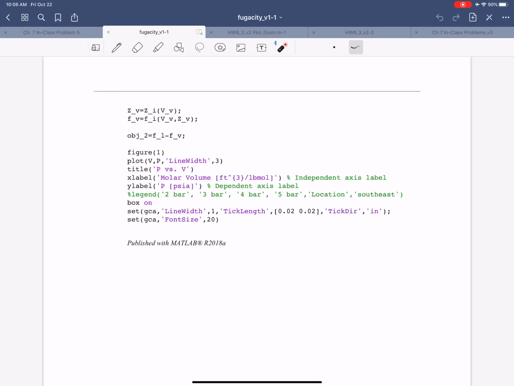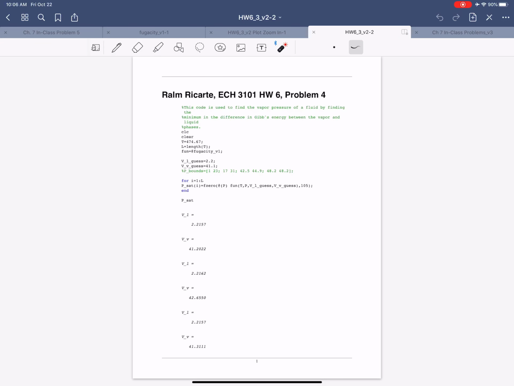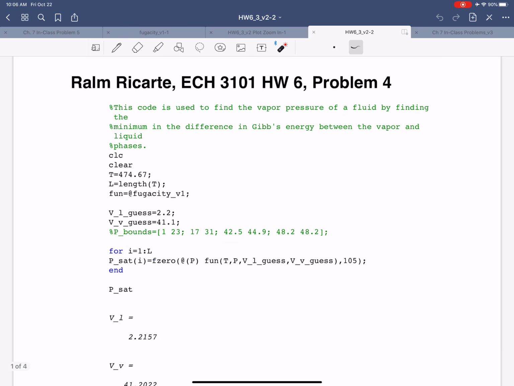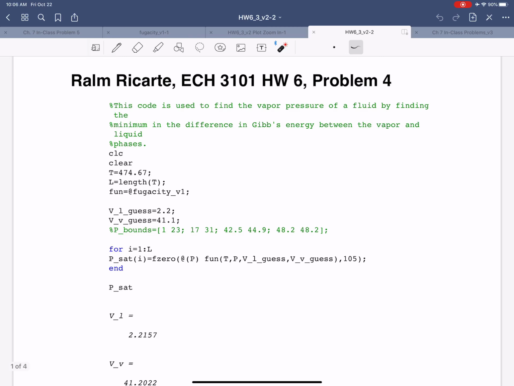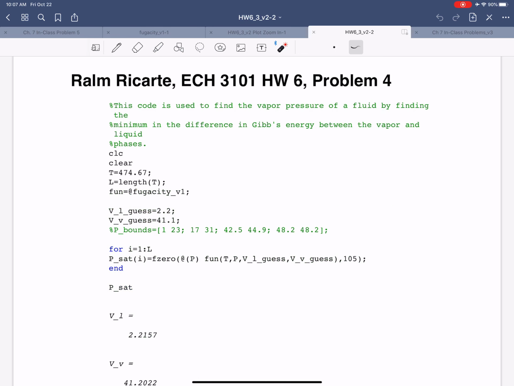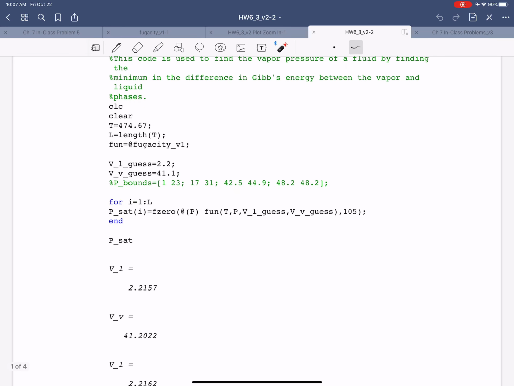The second layer of the code is a function I wrote where specifically I want it to find the pressure that minimizes the difference between the liquid and the vapor fugacities. Okay? All right, and so in this second layer of the code, all I do is input a temperature, and then I once again call up that fugacity function that I wrote here. I call that up in the second code.